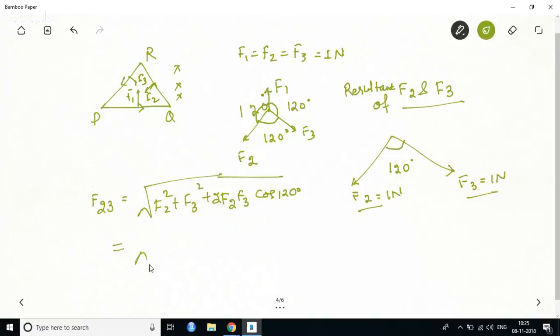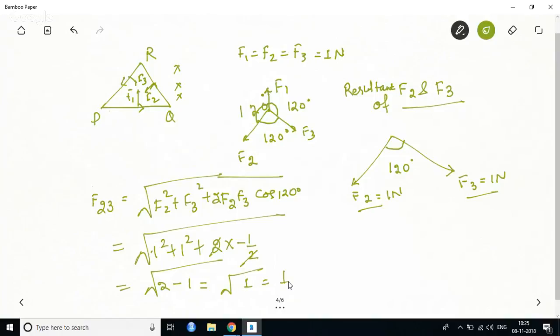F2 is 1, so 1 square. F3 is 1, so 1 square. 2 into 1 would be 2. Cos 120 is minus 1 by 2. So this comes out to be 2, this comes out to be minus 1. So F23 comes out to be 1.